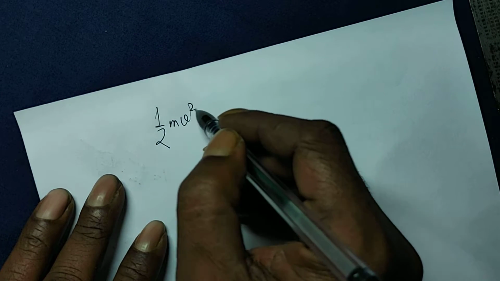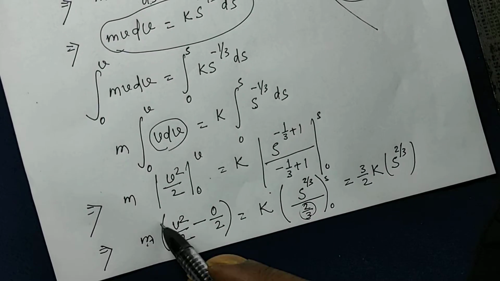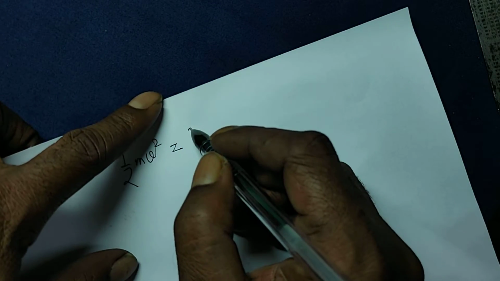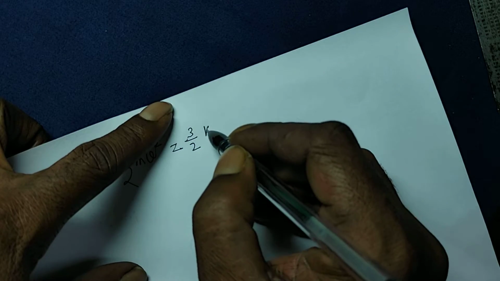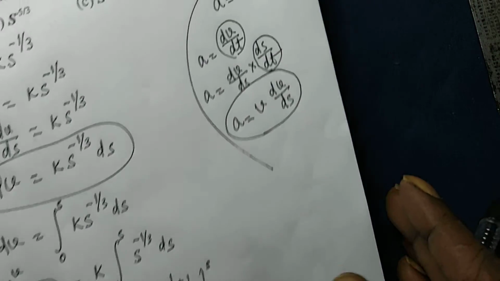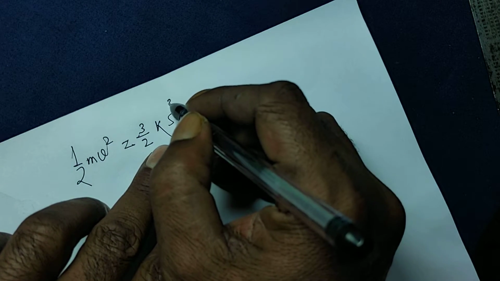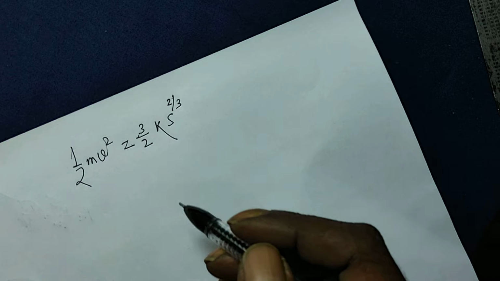Half mv square is equal to 3 by 2 k times s to the power 2 by 3.